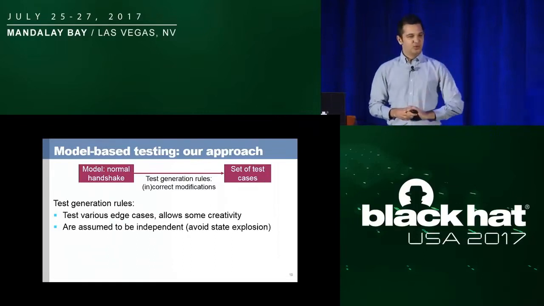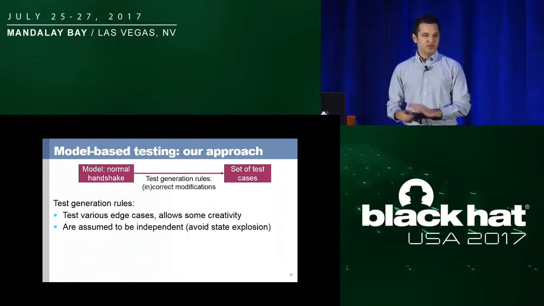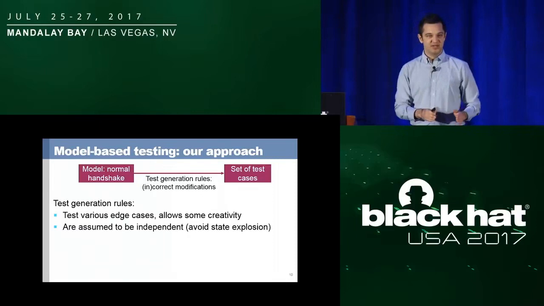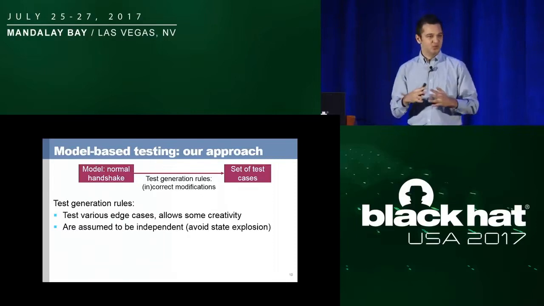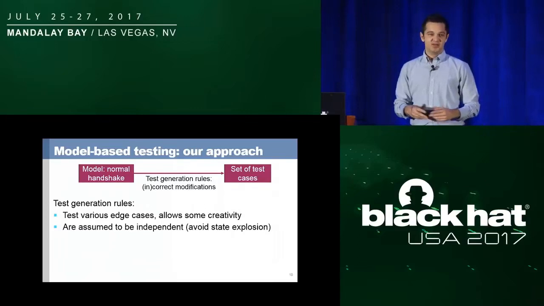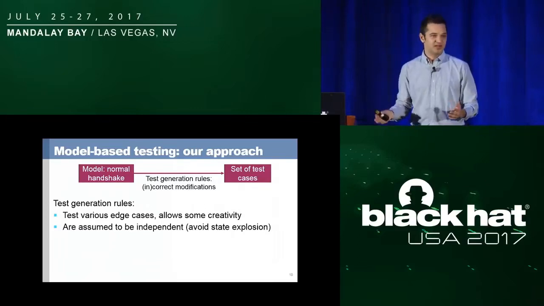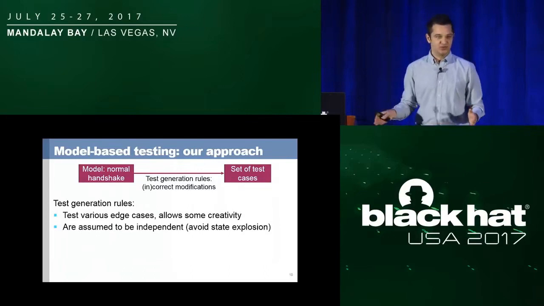Now I will give some more examples of these test generation rules. But one important thing I do want to mention now is that we assume that all these modifications to this base execution of the handshake are applied independently. So we're not going to combine two different test generation rules, because otherwise we would be in an explosion of the number of options. It would be exponential, which would be basically impossible to execute them all.